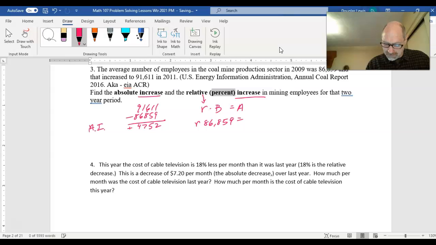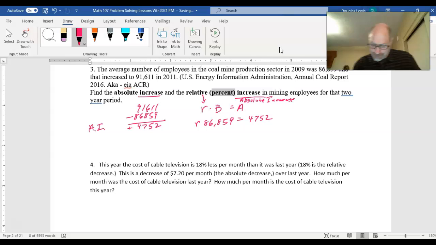And it's equal to the amount. Now, remember, if we want the relative increase, then this value has to be the absolute increase, which is 4752.